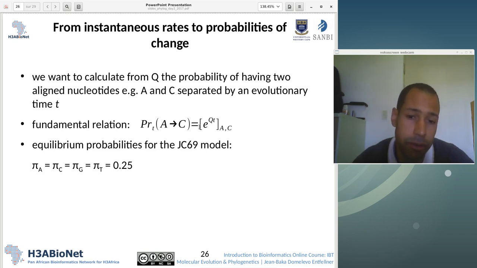It is key to many software like PhyML or RAxML, all the software that perform phylogenetic reconstruction. So as I said earlier, the probabilities for the JC69 model are these ones: 1/4 for each of the 4 nucleotides.